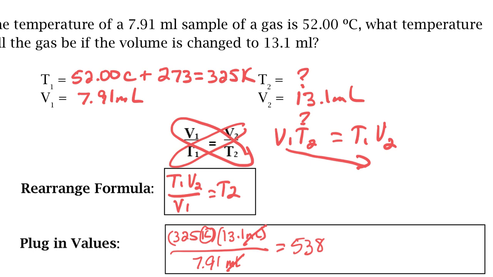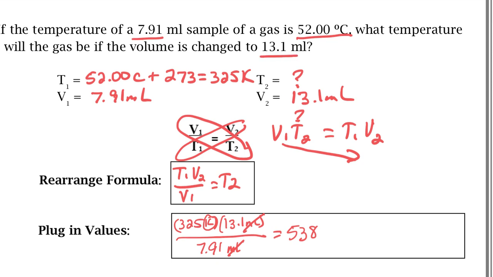Now I'm going to double check to make sure that I've got the right number of significant figures. Here's the trick, and where some people, probably not on this one, but on other ones, you may mess up. You're always going to look at your original numbers for your significant figures. So let's pretend this wasn't 52.00 Celsius. Let's say it was just 52. What would I need for my answer? 2 significant figures.